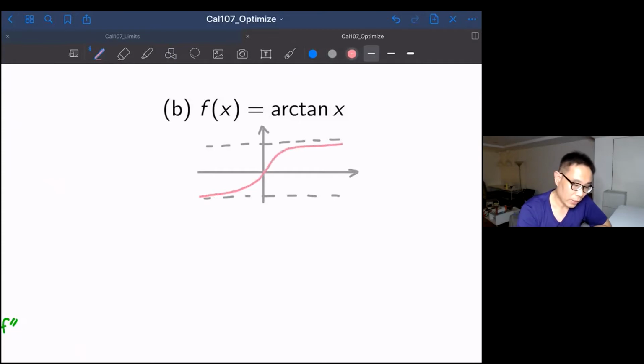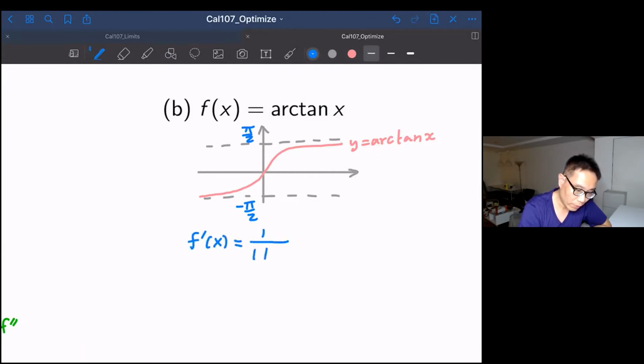This is y equals arctan x, with pi over 2 and negative pi over 2.